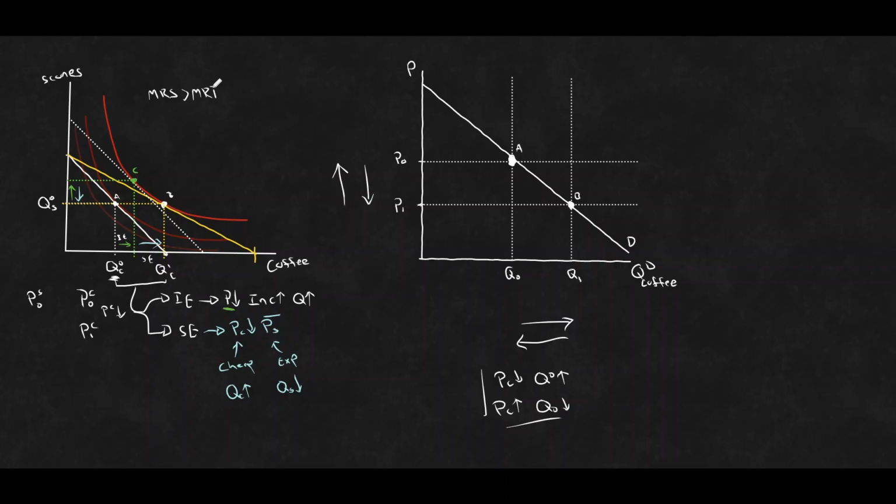As a result, we give up scones for coffee and we move along that marginal rate of transformation. We move along our marginal rate of substitution until we move from C to B, such that once again, our marginal rate of transformation equals this marginal rate of substitution. So any price change causing that change in quantity can ultimately be decomposed into this income and substitution effect.